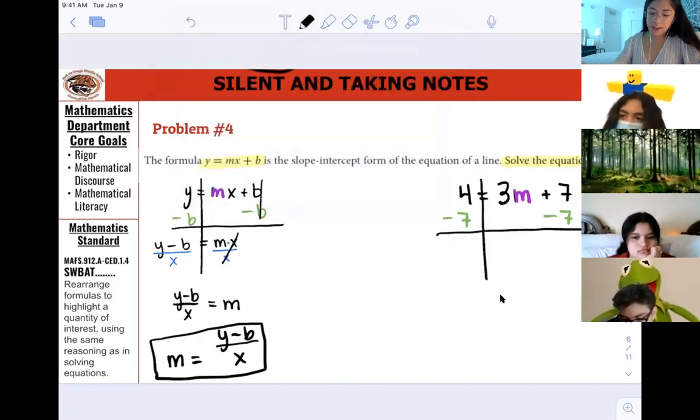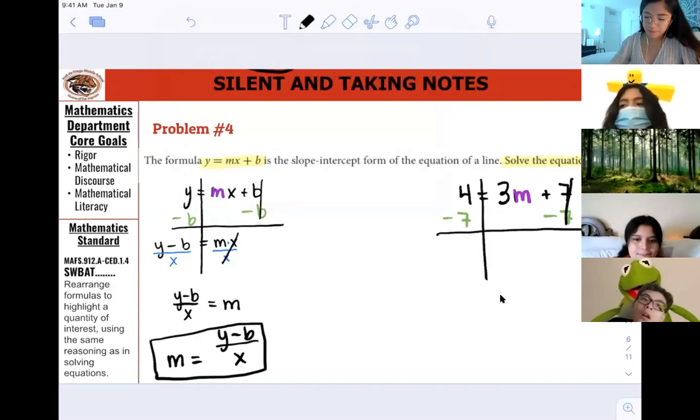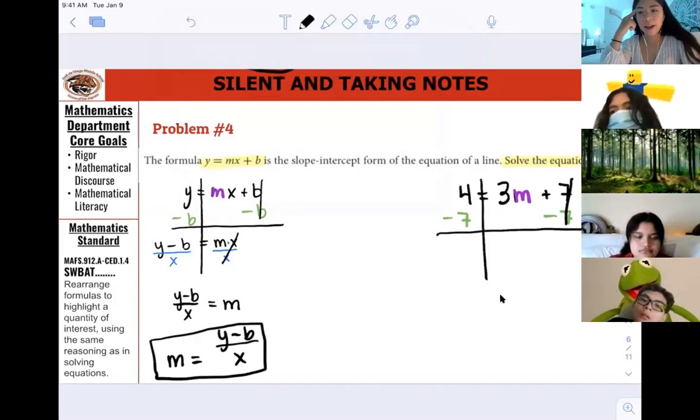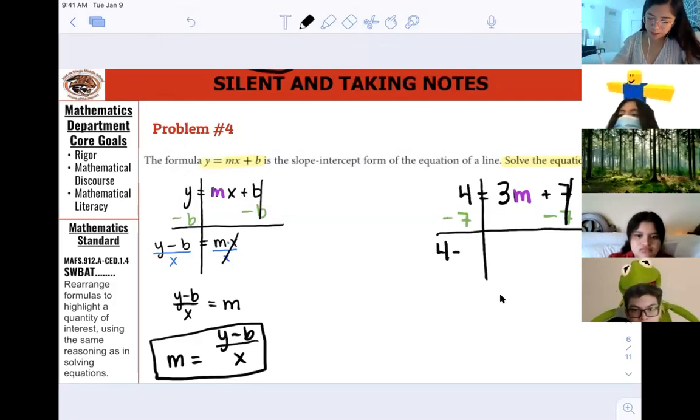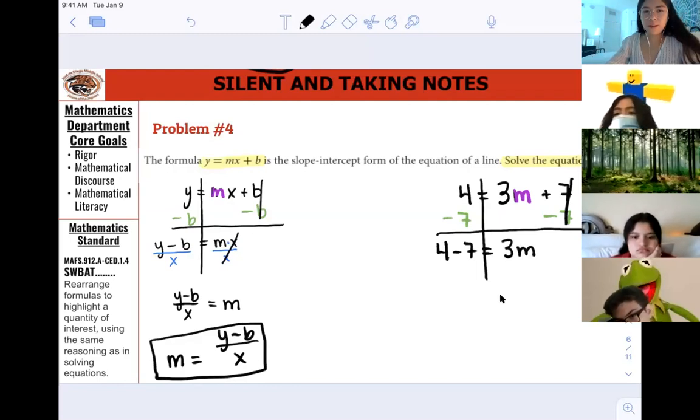Notice how I'm doing the same thing so far as I did in the first problem. That means my 7s cancel out. Now, I can do it in my head. I could do 4 minus 7 in my head and get an answer, but just to keep things looking the same, I'm just going to write 4 minus 7. Later on, we'll do it in our head. I'll show you why.